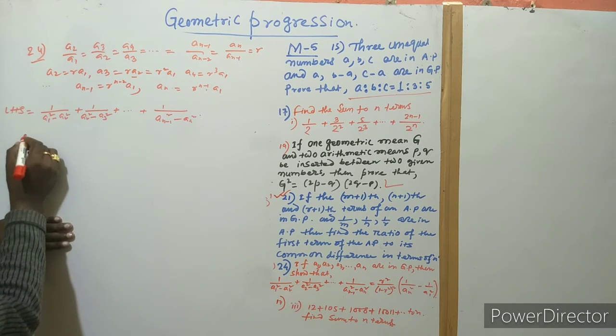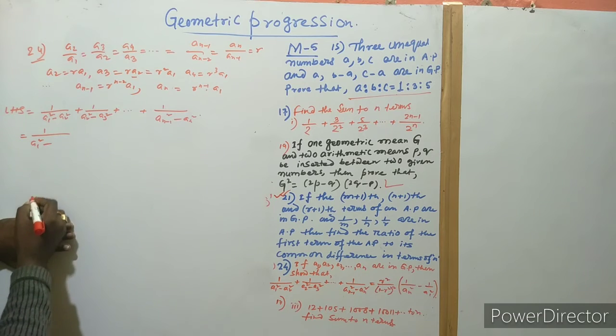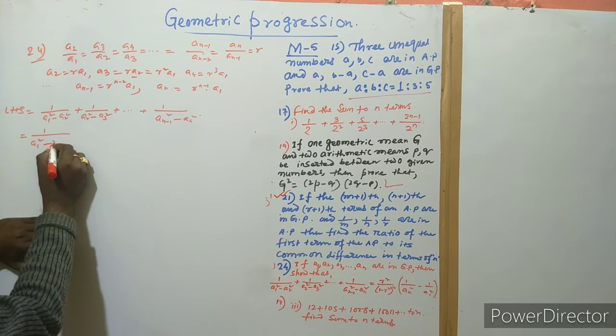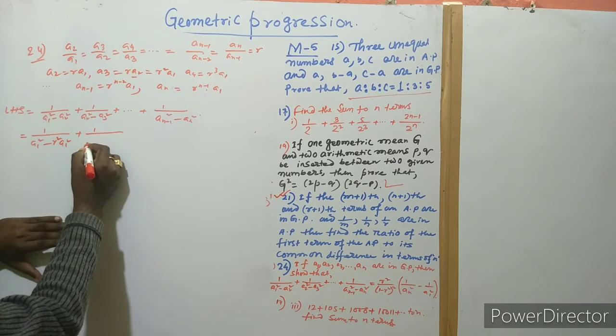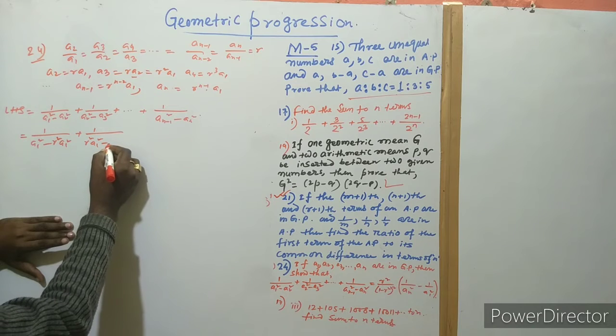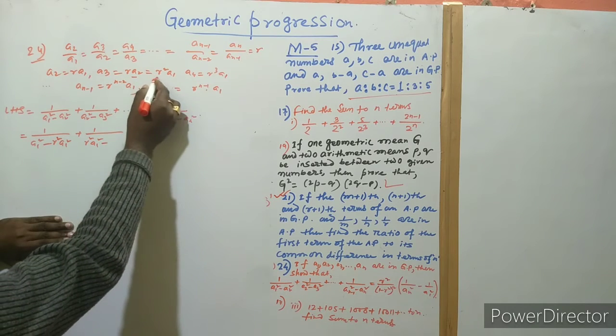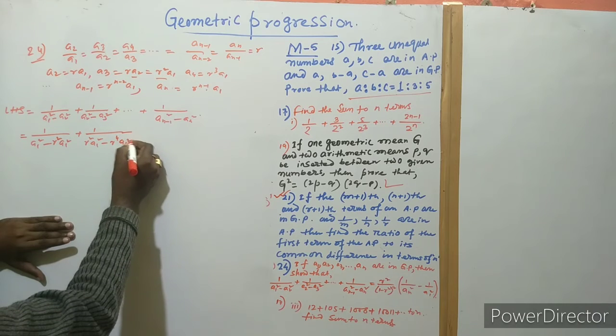Okay, now A1 square, and A2 square means here R square A1 square. A3 means this is R to the power 4 and A1 square.